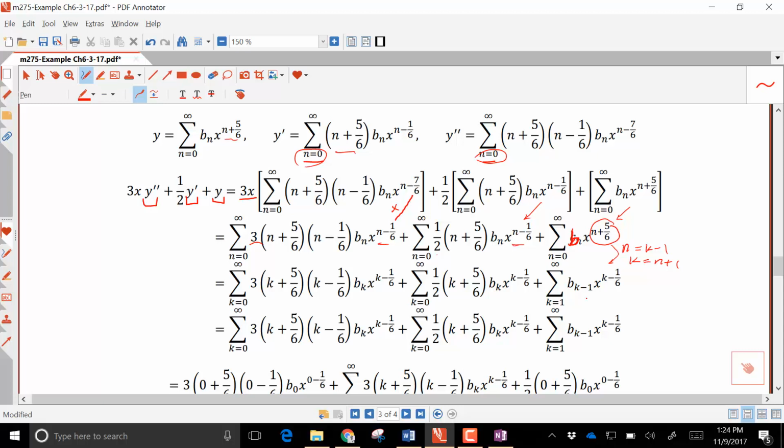It should be b sub k minus 1 instead of b sub n. Everything else will remain the same, except I changed the n's into k, so everything looks like a k. Note also the change in indices, and we only had to change the index for one of them. Now that we got that change of index, all our powers are the same, x to the k minus 1/6.